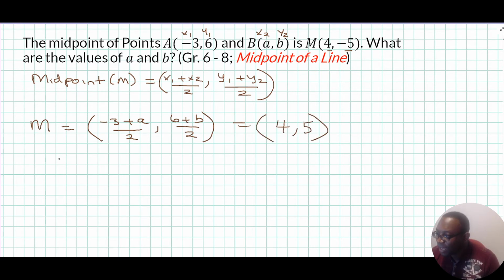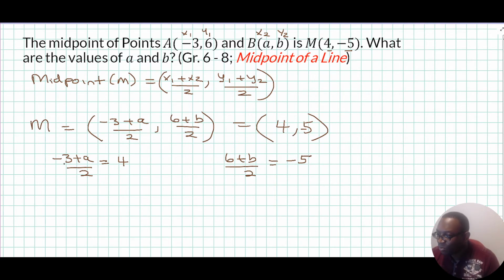So that means that -3 plus a over 2 is equal to 4. And then 6 plus b over 2 is equal to -5. So we're going to solve these equations to get the value of a and b.